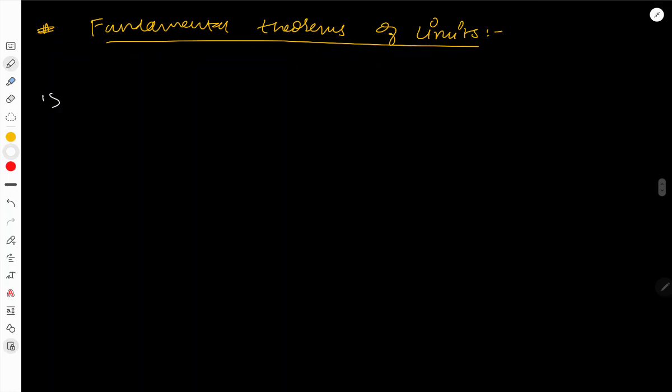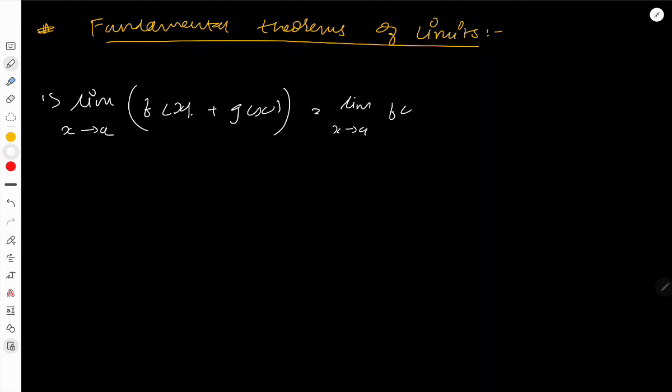The first theorem being: limit x tends to a of f of x plus g of x, where there are two functions, opens up as limit x tends to a of f of x plus limit x tends to a of g of x. Now if they are in subtraction, then it goes similarly.